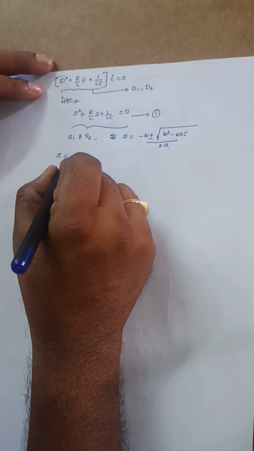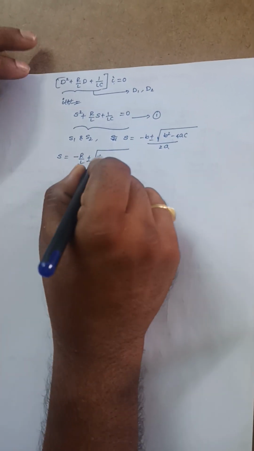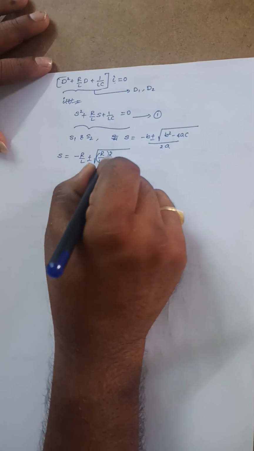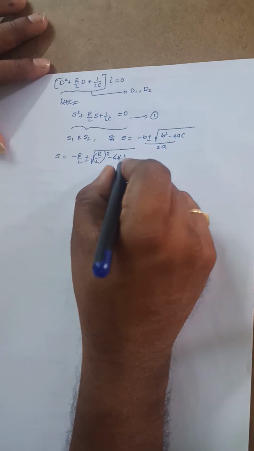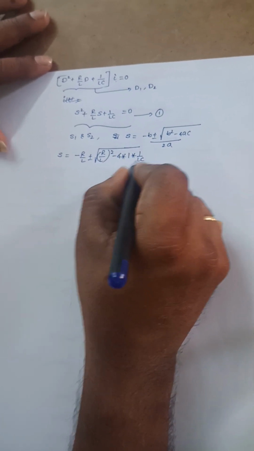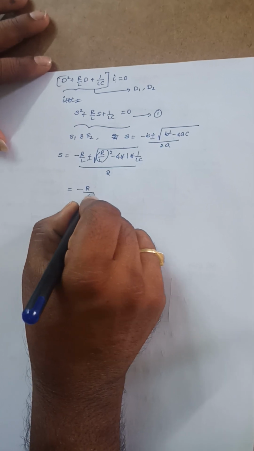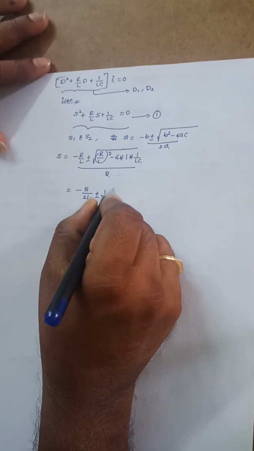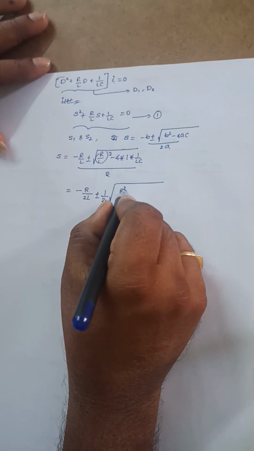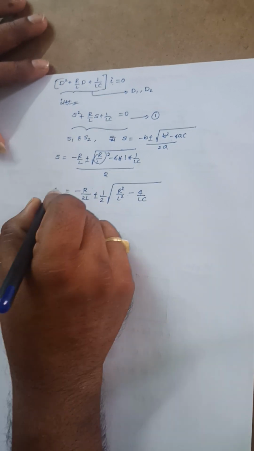So s is equal to, b here is minus R by L, plus or minus square root of b square, which is R by L whole square, minus 4 into a value, which is 1, and c value, which is 1 by LC, divided by 2. So here it is minus R by 2L plus or minus 1 by 2 into square root of R square by L square minus 4 by LC.